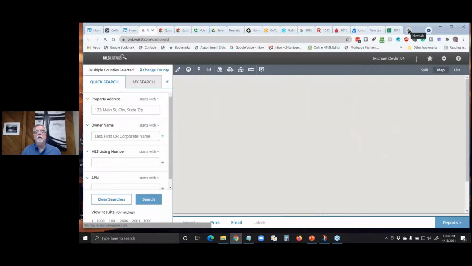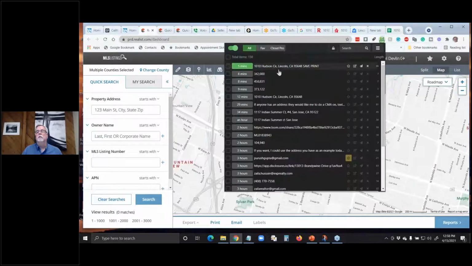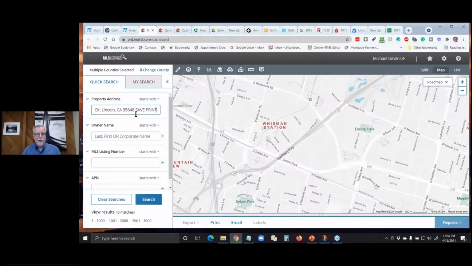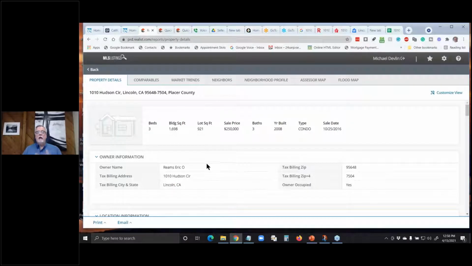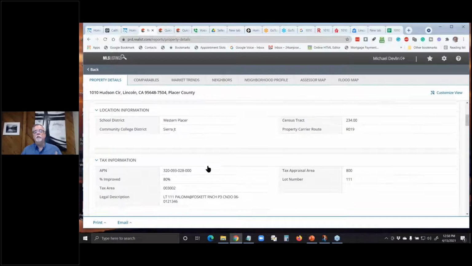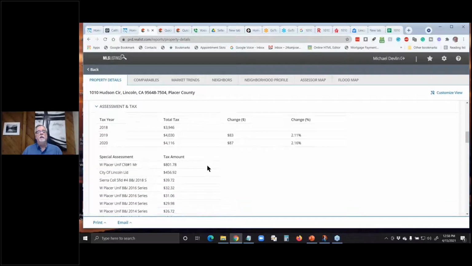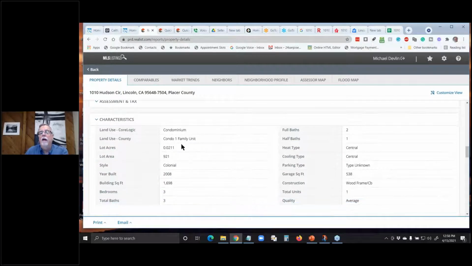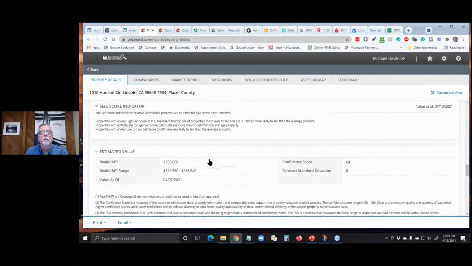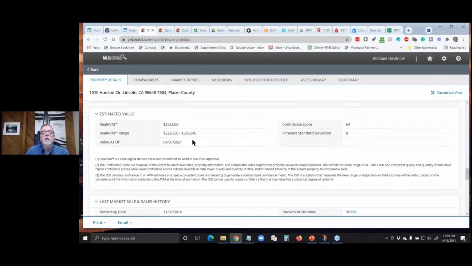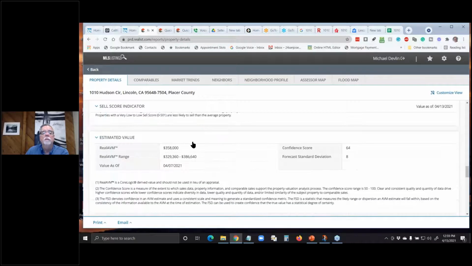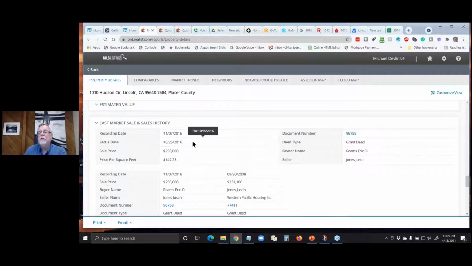Different MLSs have different programs for this. But I'm going to pop in the address. By the way, this is something I typically would print out and include. It's got information about the property. Notice they have their own AVM, range, and confidence score of 64, which is not that great, but it's based upon tax information.